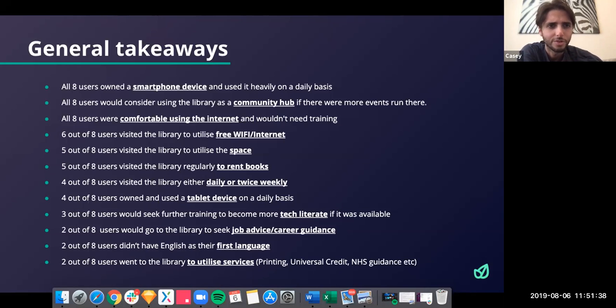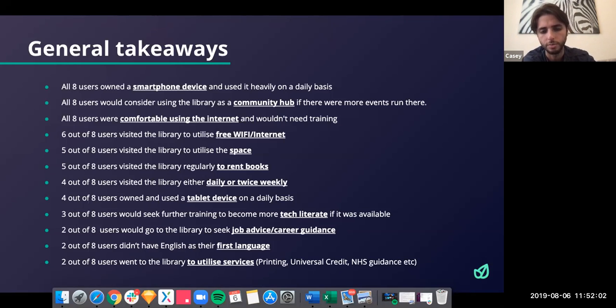I'm sure it was something small, but my second interview, it was actually on the other end of the spectrum. Younger guy, 26. He was kind of in the stage of changing careers. He wanted to become a musician. He spent a lot of time in the library because he said he enjoyed the quiet space.